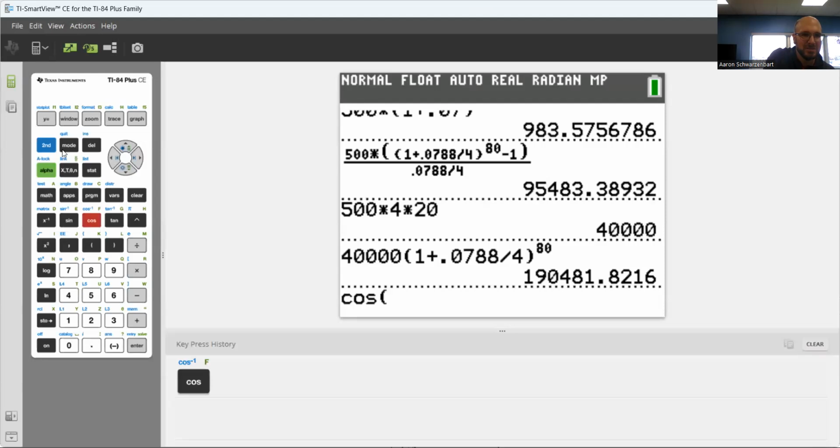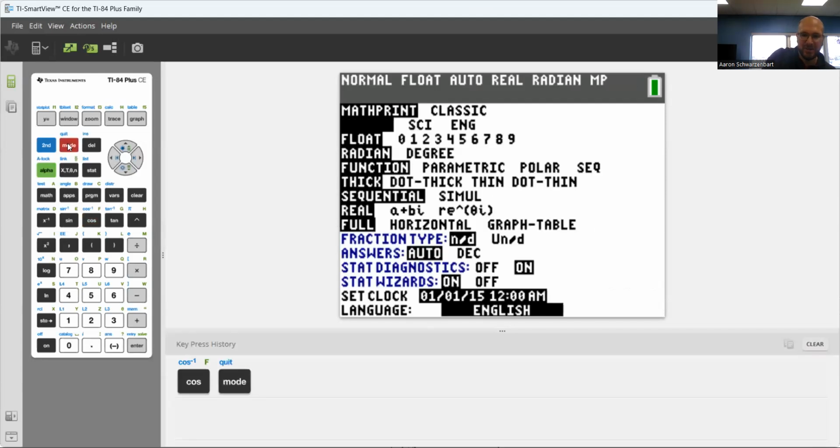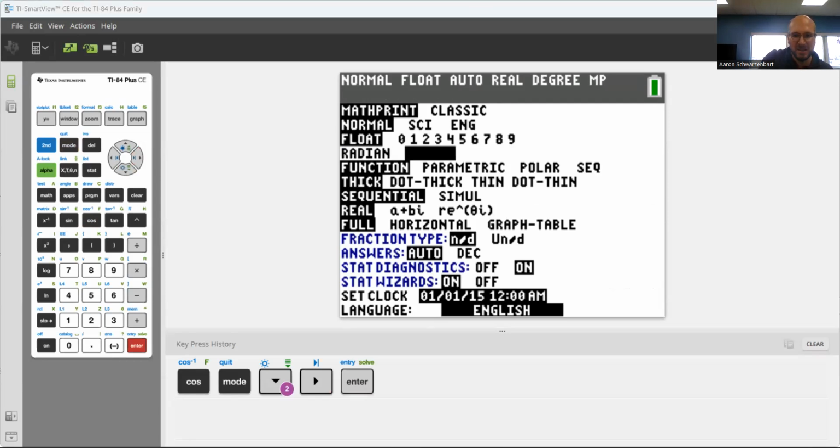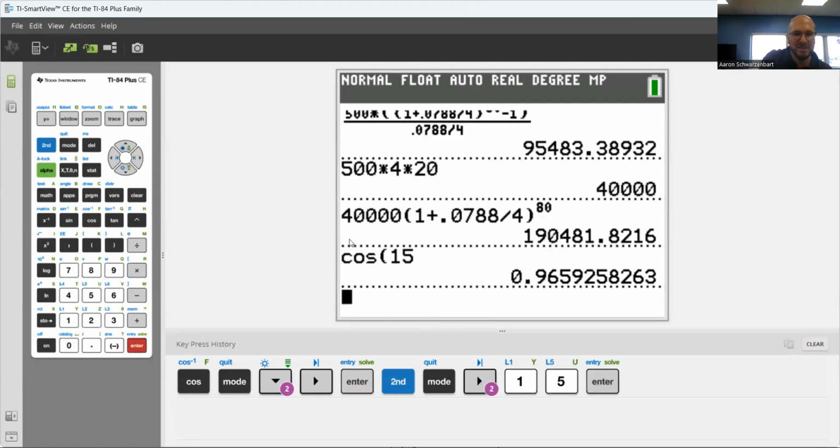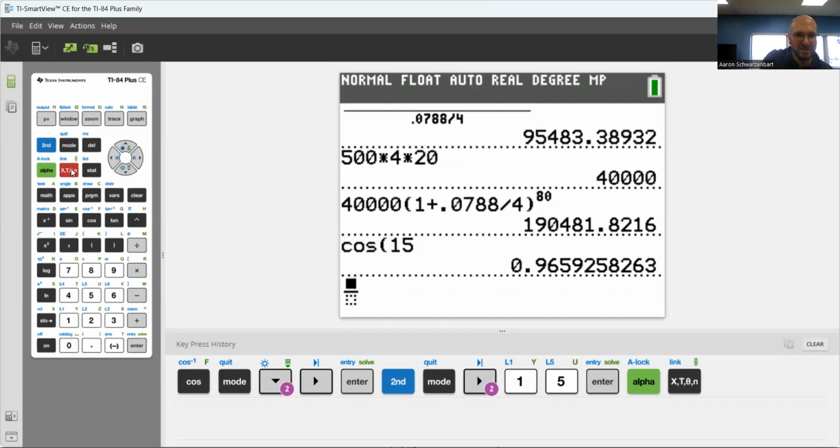So let's see what mode I am. I'm in radian mode, so I need to go to degree mode here. And now I'm in degree mode, cosine of 15. I'm going to do my answer.